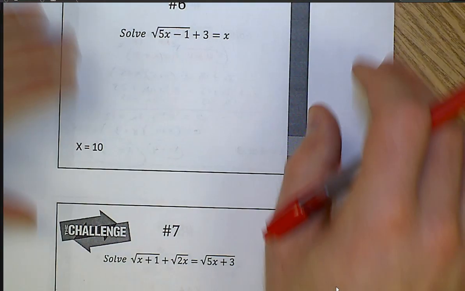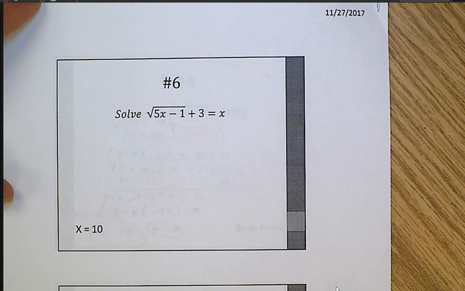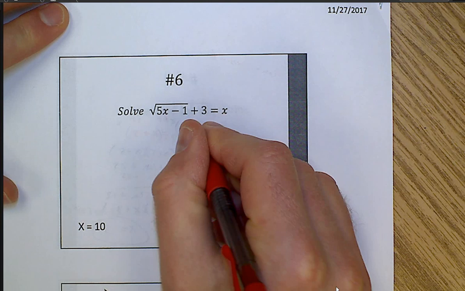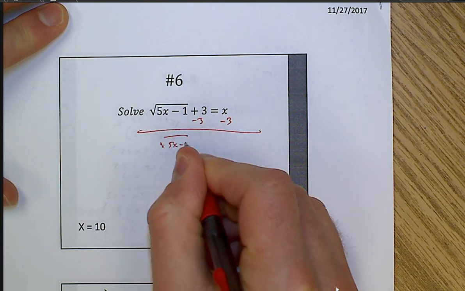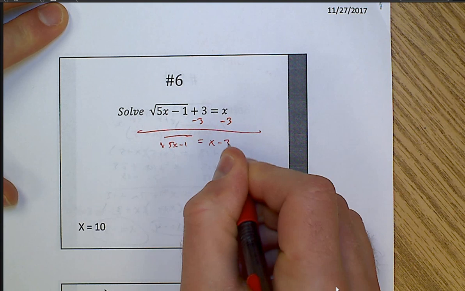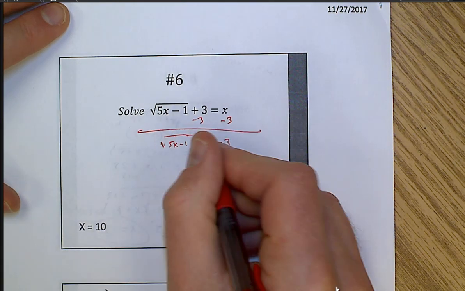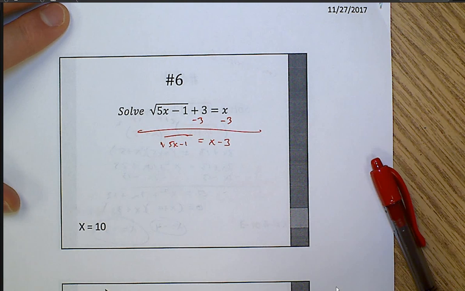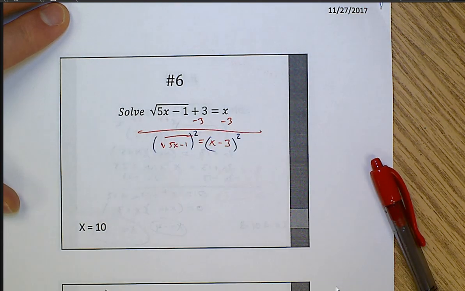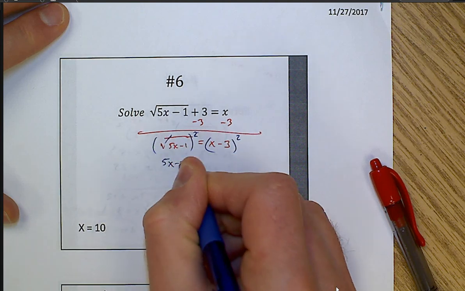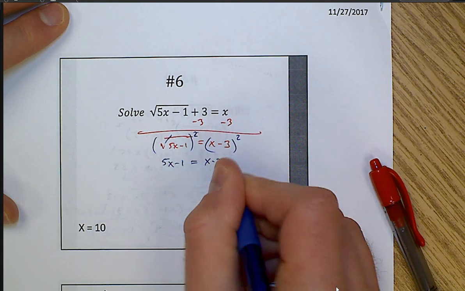All right, the last one here is number 6, and so we would subtract 3 from both sides because we need to isolate the radical symbol. So we have the square root of 5x minus 1 equals x minus 3. Okay? And then we're going to square both sides. Squaring the square root, you're left with 5x minus 1 equals x minus 3 twice.